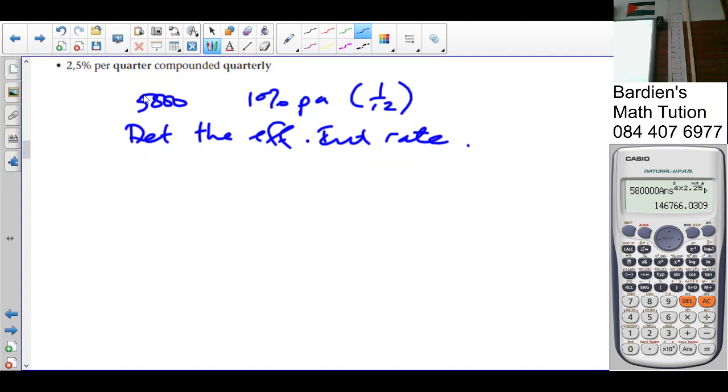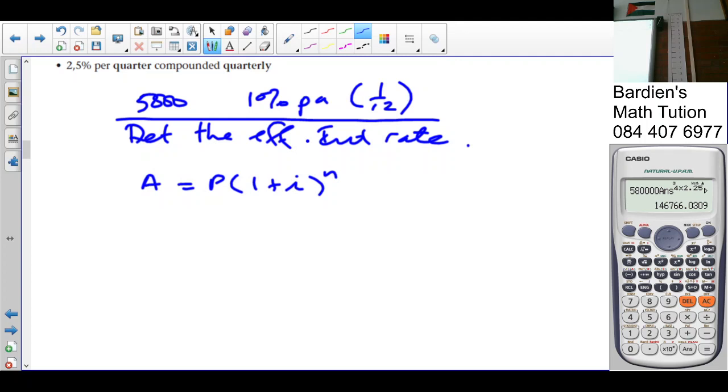If you want to calculate this part of the sum, you want to calculate your return. How do you calculate your return here? A is equal to P into 1 plus I to the exponent n.